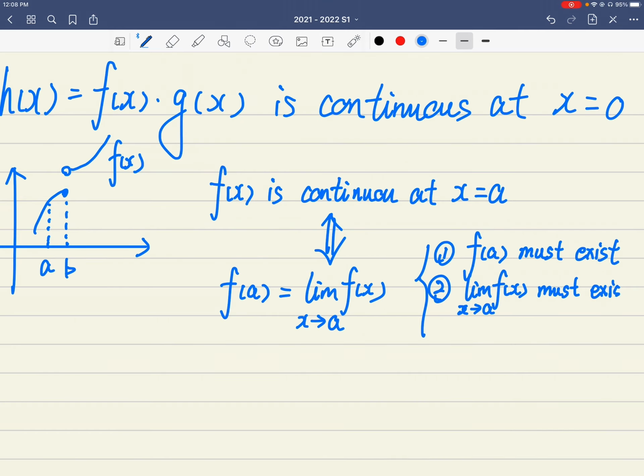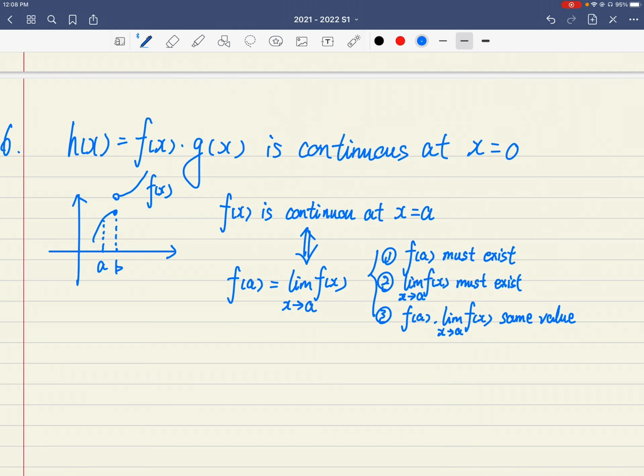And then the third thing is that their values must be the same. So this is continuity.